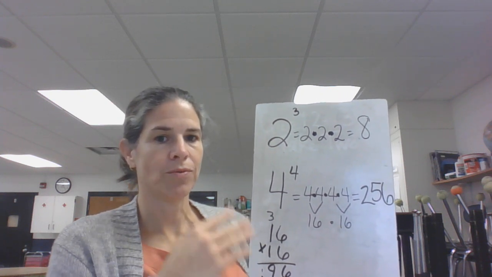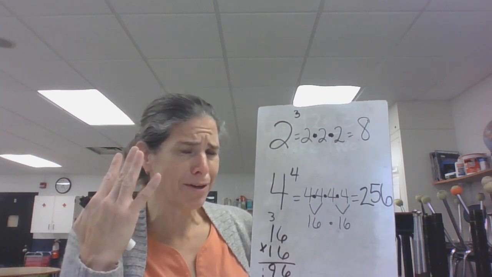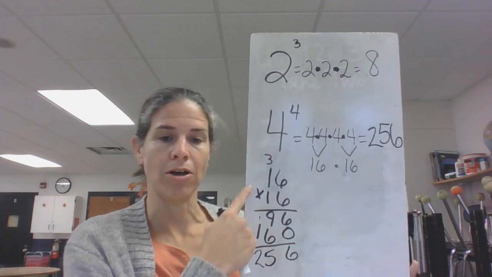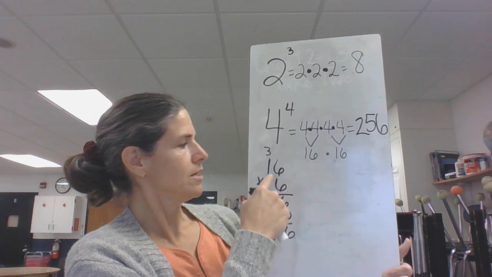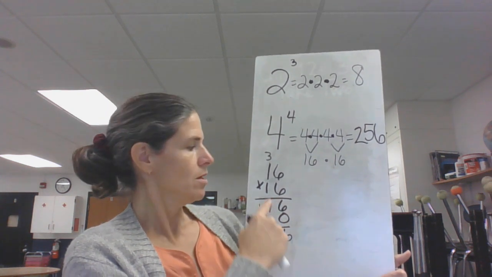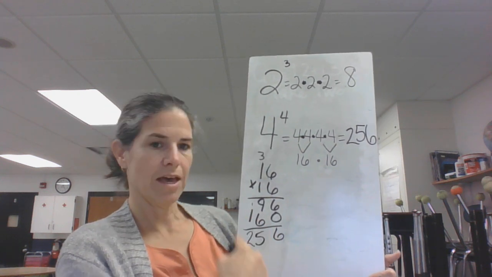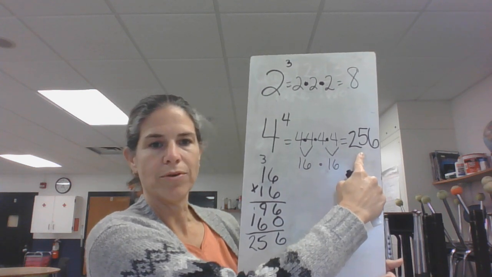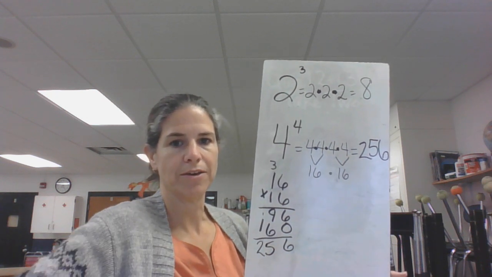I wrote down all my steps. 16 times 16, I did 6 times 16, I got 96. Put down my placeholder 0, and that 1 is really a 10, so 1 times 16 is 16. Add it all up, my answer is 256. 4 to the fourth power equals 256. This is how you find the value.